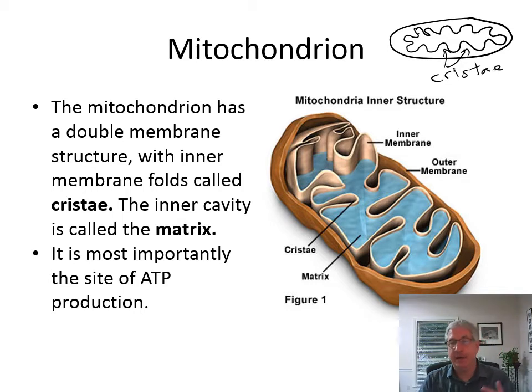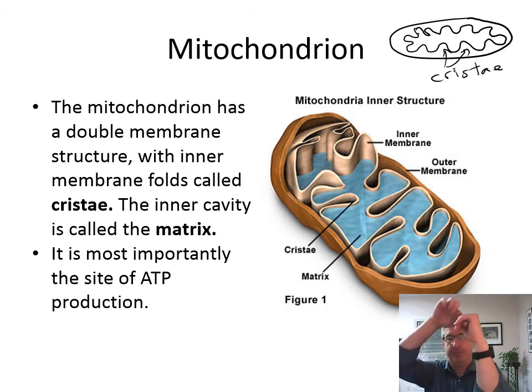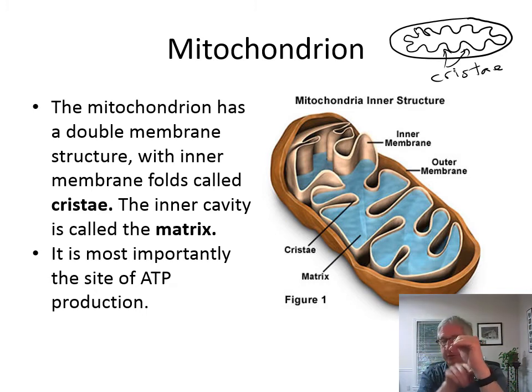What it does is increase surface area. A crista goes up and over, and you have more surface area, because this is where all the energy production occurs, along these projections, the cristae, all up and down all the way through.